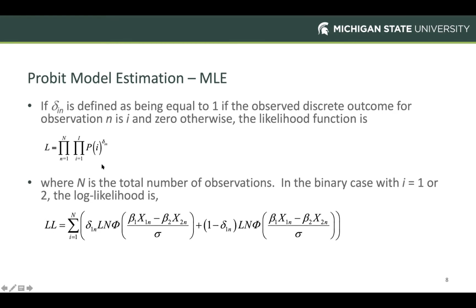You've got a bunch of values that are raised to the power 1 or to the power 0, and that's indicated here by those respective contributions to the log likelihood function. This is what is going to be maximized by the statistical analysis programs that we're using to derive the parameter estimates, the betas in this case.